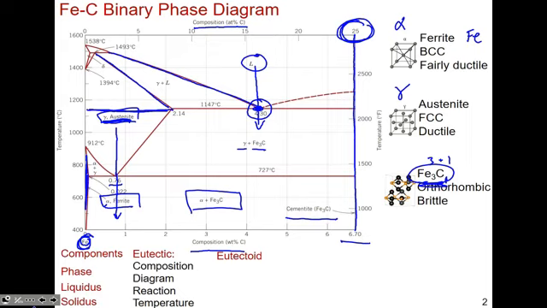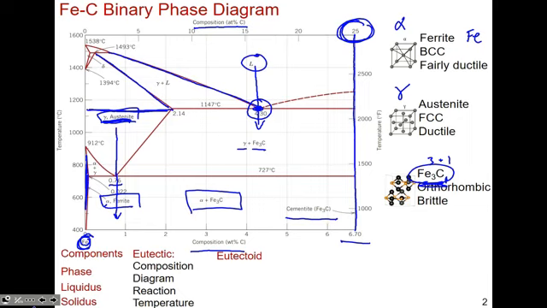What is the ideal state of this compound? Whatever you want it to be, because when you look at a binary phase diagram or any phase diagram, it's in equilibrium. What the phase diagram is trying to tell you is at a certain composition and a certain temperature, this is the thermodynamically stable state, or thermodynamic state in equilibrium. This will exist if you go to this composition and this temperature. So it depends on where you are.